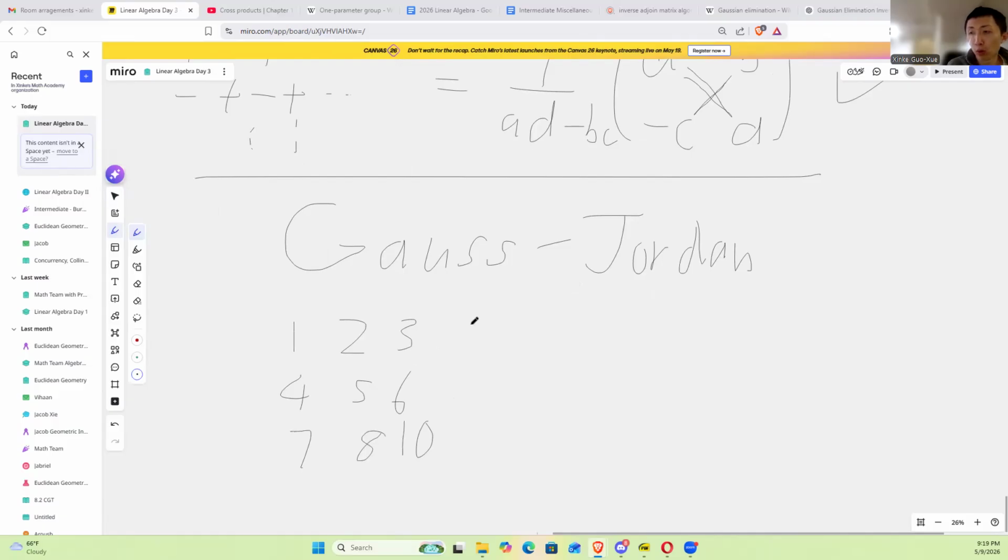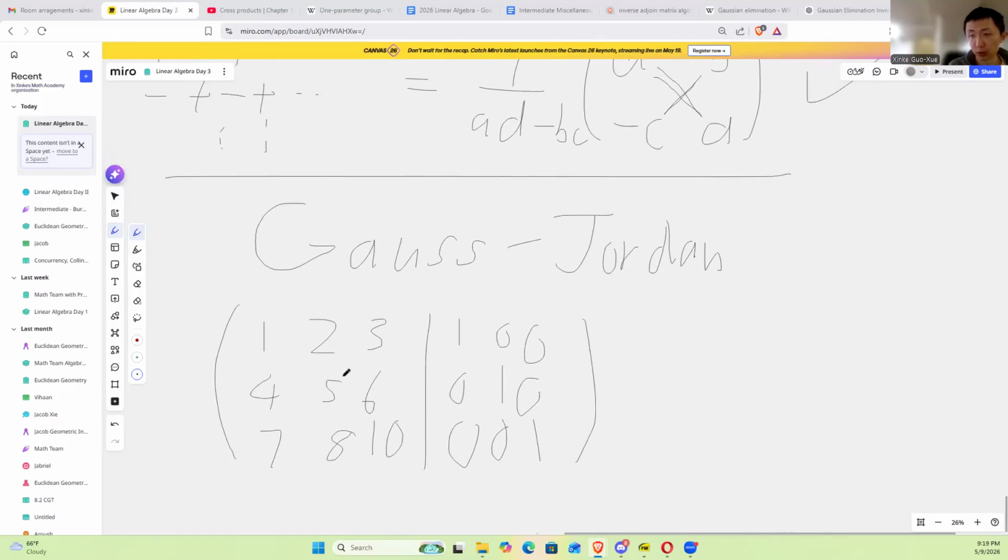We adjoin the identity matrix to the right. That just means we write the identity here. We perform row operations, so Gaussian elimination, on the matrix on the left until it becomes the identity. Whatever we do to the matrix on the left, we do the same thing to the matrix on the right.